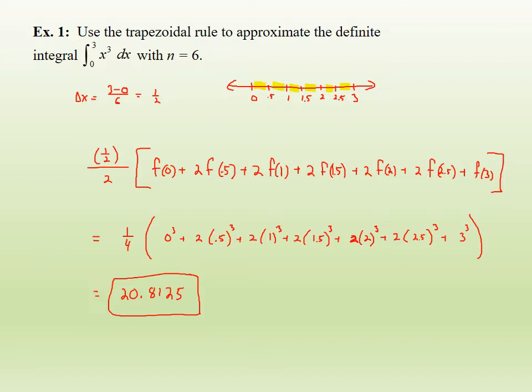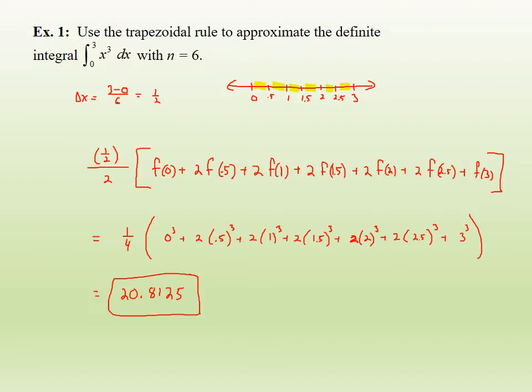On your number line, place the lower limit of integration, which is 0, on the leftmost, and 3, the upper limit of integration, on the rightmost, and divide the region between these two extremes into 6 equal subintervals. You can do that by finding the difference 3 minus 0 divided by n, which is 6. So 3 over 6 is 1 over 2 in its simplest form.